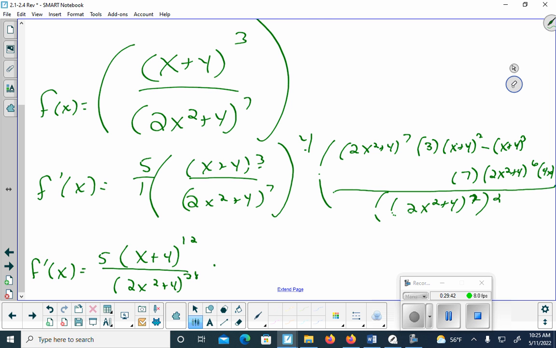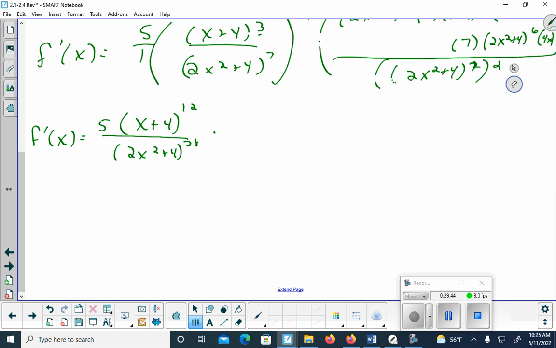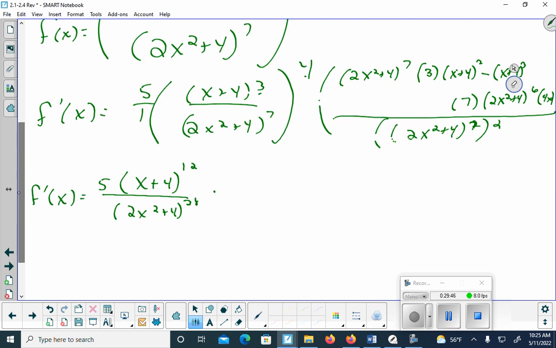And now I'm going to clean that up a little bit. Can I clean that up a little bit? Yeah, wouldn't it be like what, negative 12x? Oh yeah, I cleaned it up. Or I'm going to have a 3 times 2x squared plus 4 to the 7th, x plus 4 squared, yes? What about the 4x?